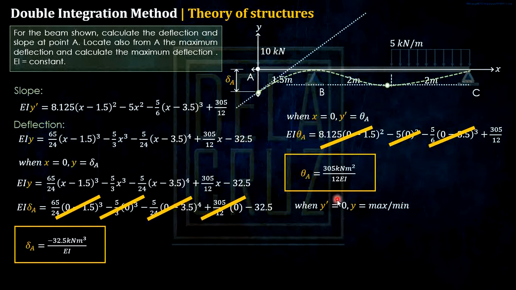From calculus, maxima, minima lang. Equate mo lang yung y prime to 0. Then, using this slope and y prime is 0, as you can see here, yung remaining unknown is x na lang. If you will do shift solve here, the x will be 2.829. Sinali natin lahat. After you solve your x here, i-check mo pa if may magna-negative value ba dito. If we will substitute this 2.829 here, hindi siya mag-negative.